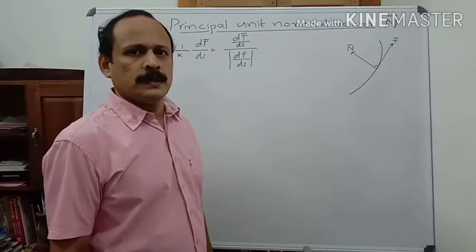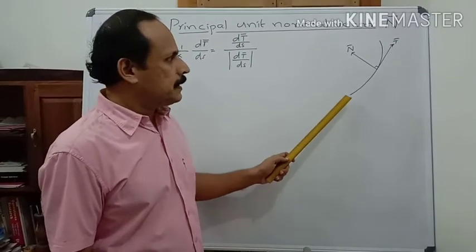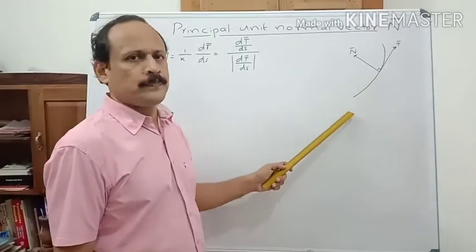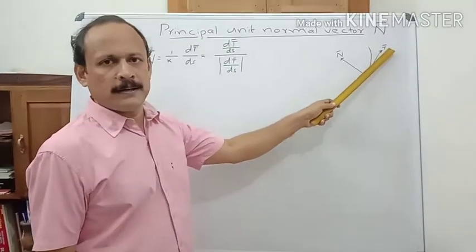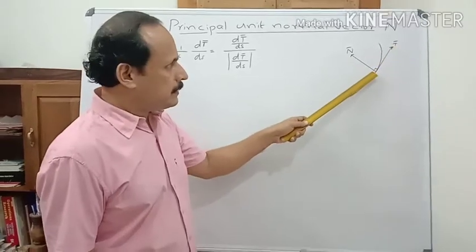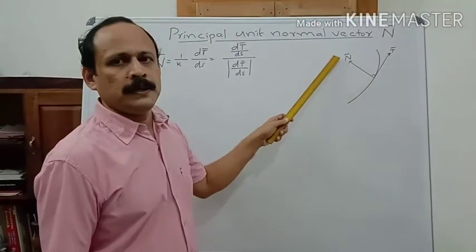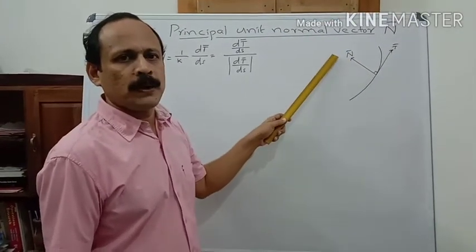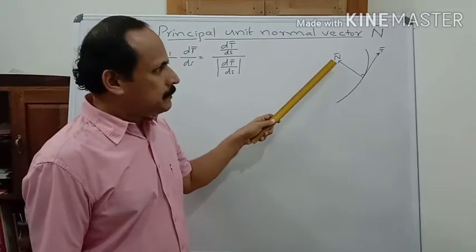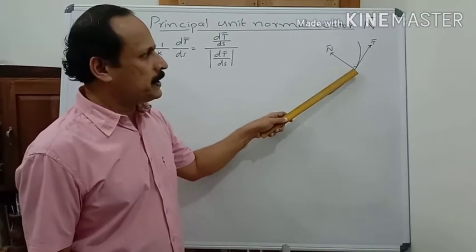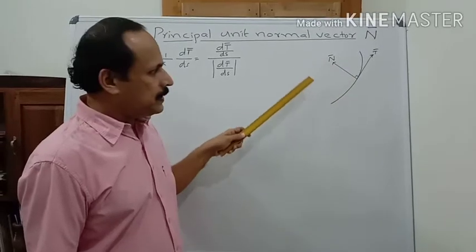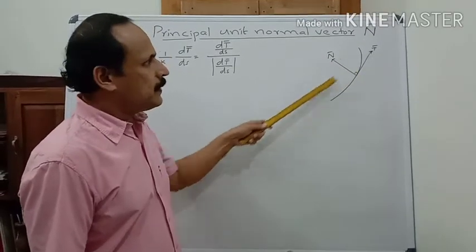Now consider a smooth curve. At this point, this is the unit tangent vector. Then this will be the principal unit normal vector. Principal unit normal vector always points towards the concave side of the curve.